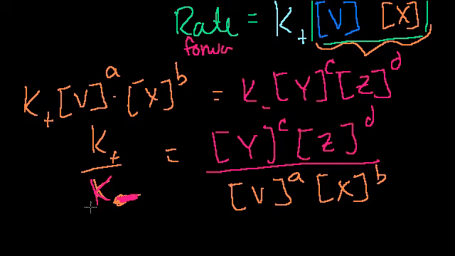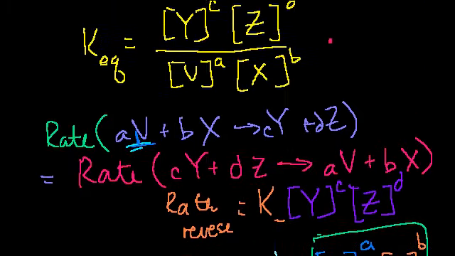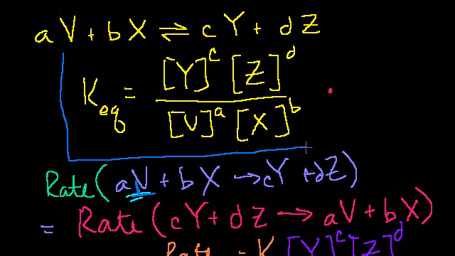And then these are just two arbitrary constants, so we could just replace them and call them the equilibrium constant. And we're where we need to be. We're at the formula for the equilibrium constant.